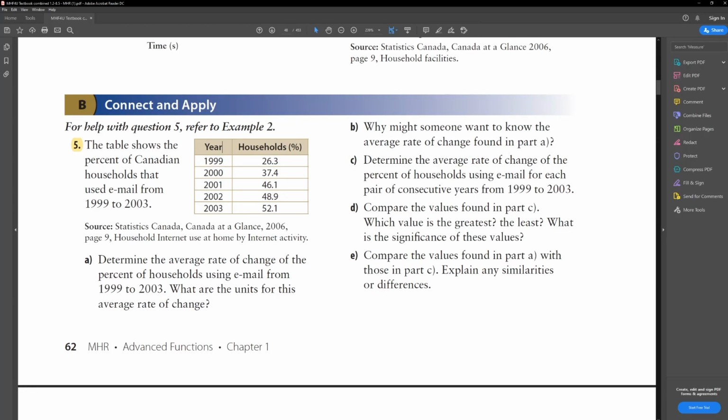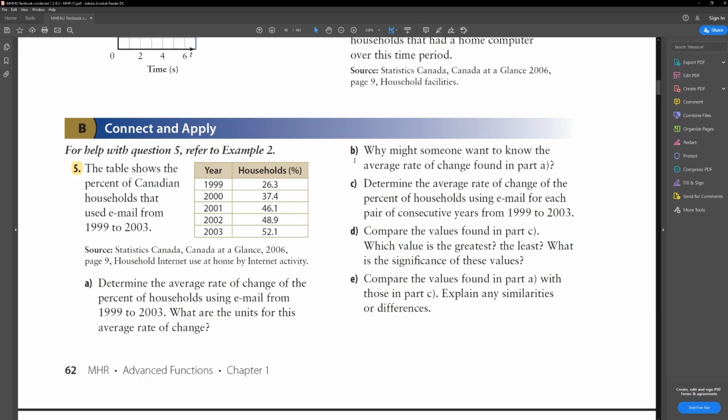Now let's move on to question B. Why might someone want to know the average rate of change found in part A?